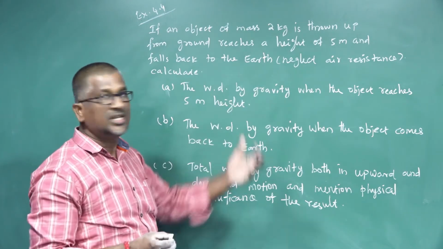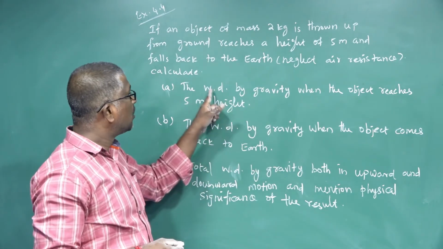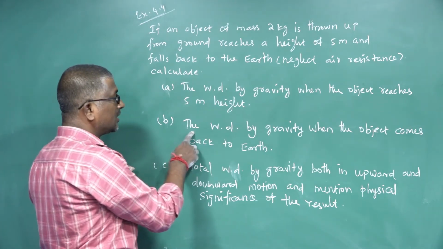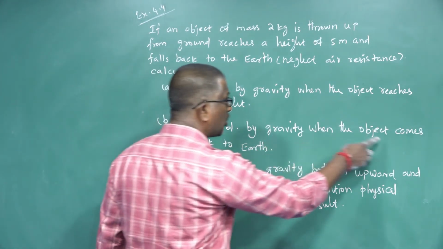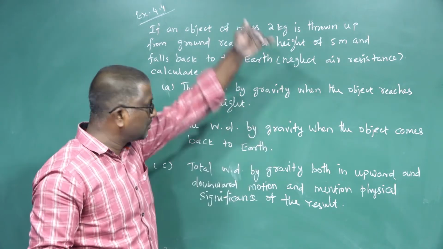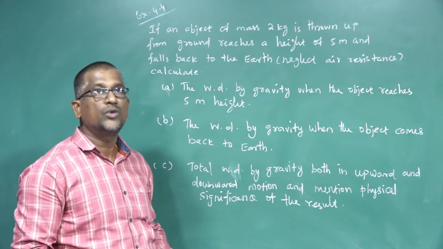In the upward motion of the object, we want to calculate the work done by the gravity. Second, the work done by the gravity when the object comes back to the earth, during the downward motion.